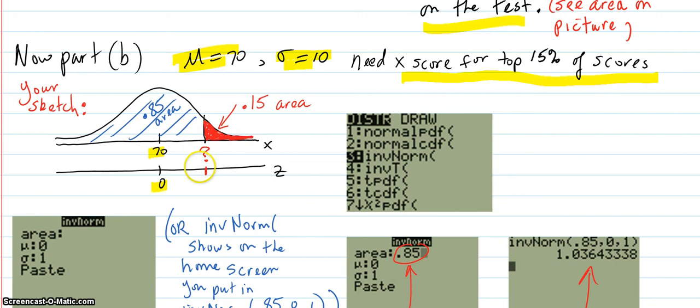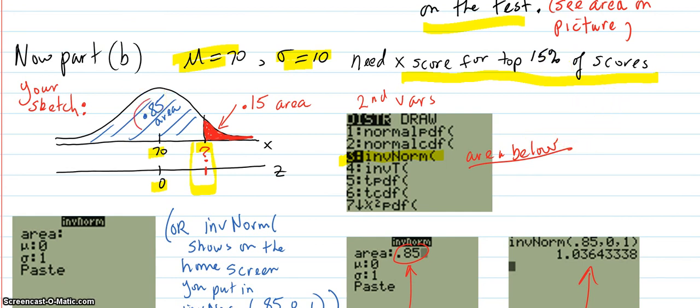We don't know the Z and the X; this is what we're trying to find right here. Now, I put 0.85 area below here. Why? That's because the calculator method that we're going to be using, which is invNorm from the second vars, needs areas to be stated as the area below the score you're looking for.